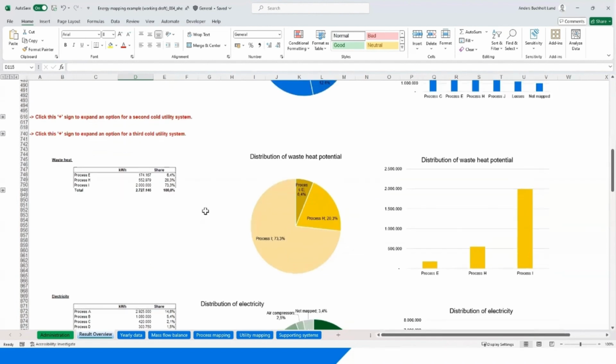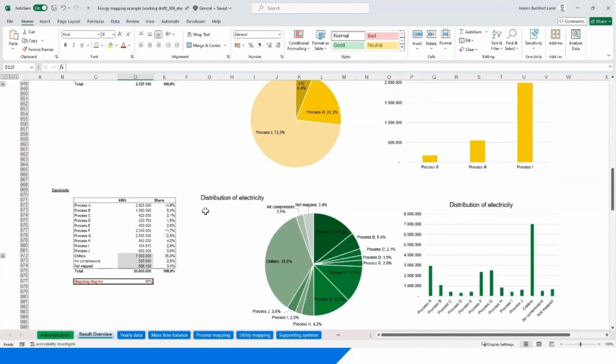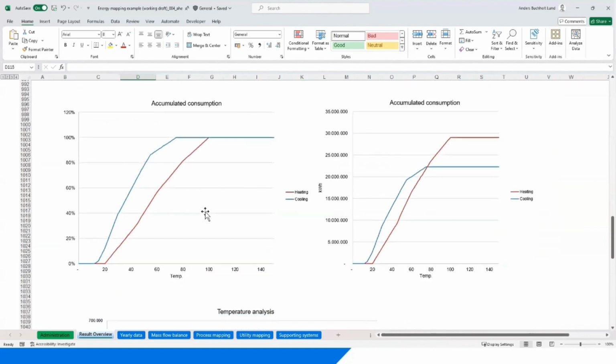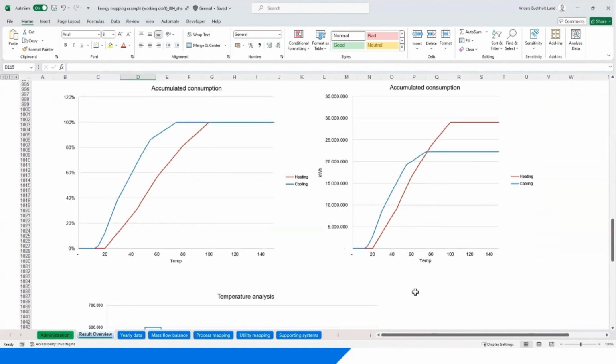Just a few words. When you look at the results, then of course we again display the mapping degree, and if you go down to the temperature analysis, then these are more to get started, to get inspiration, and also to start up discussions, because these are very ideal situations.